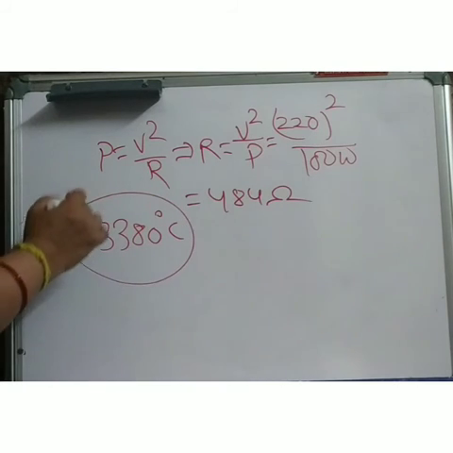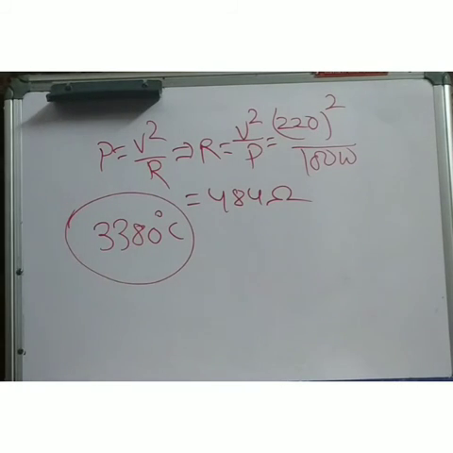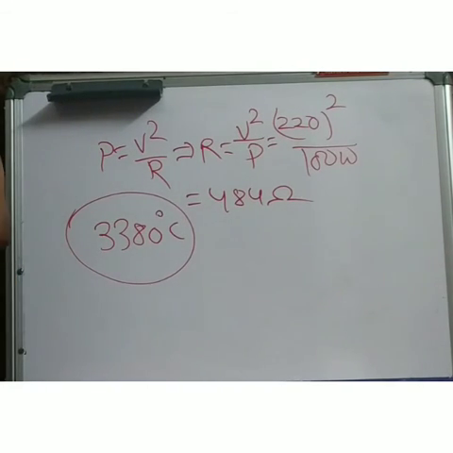So it can withstand very high current and your filament will not melt. If the filament melts, then you say the bulb is fused. Because of high current, high voltage supply, it will not withstand.